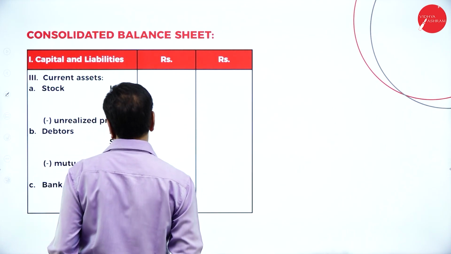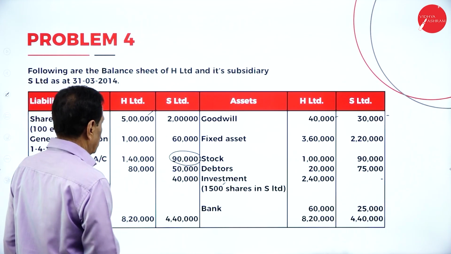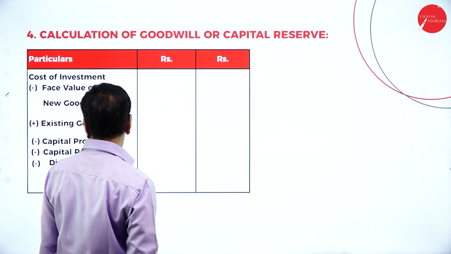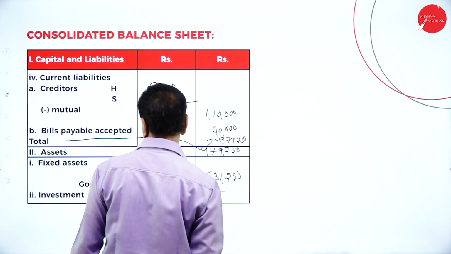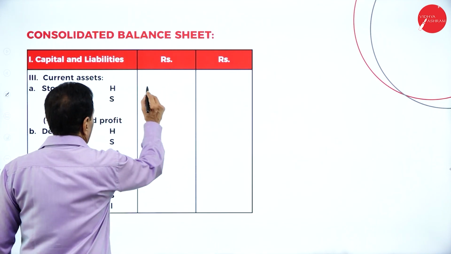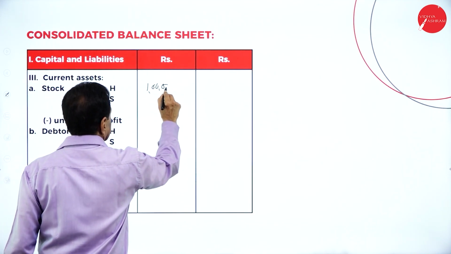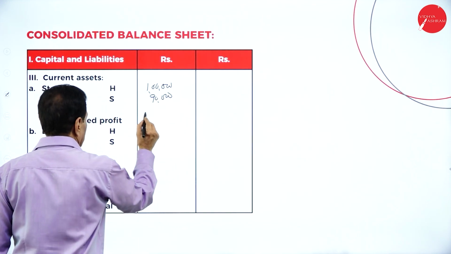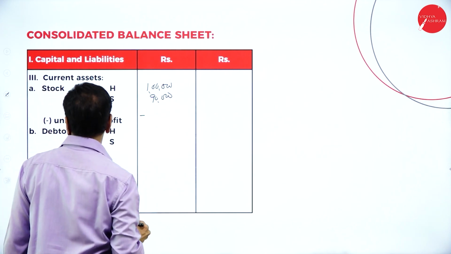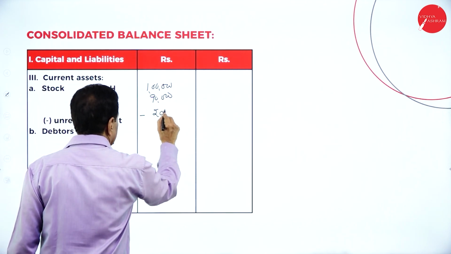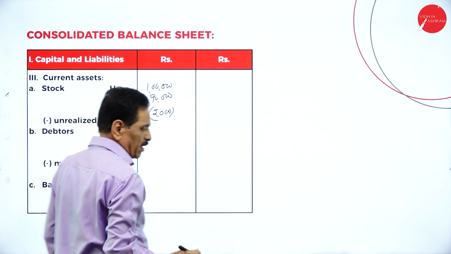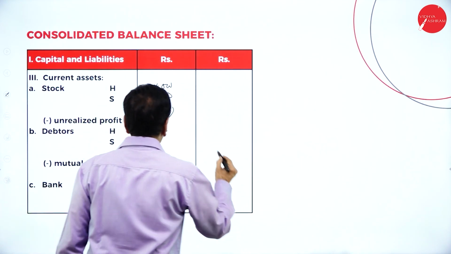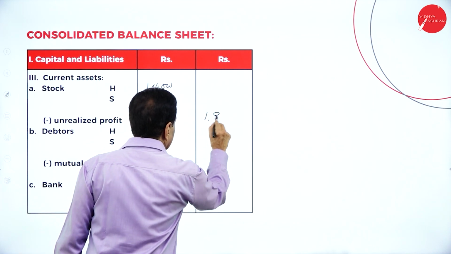Then come back to current assets. Stock: 1 lakh plus 90,000, minus unrealized profit in stock 2,000. So 1,90,000 less 2,000 is 1,88,000.